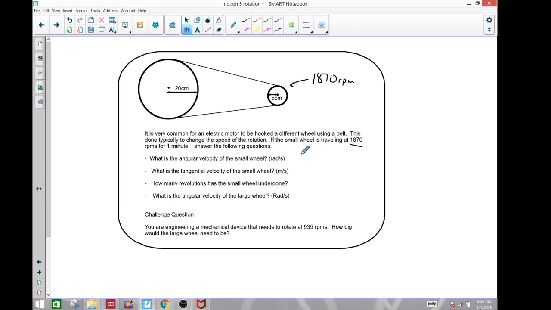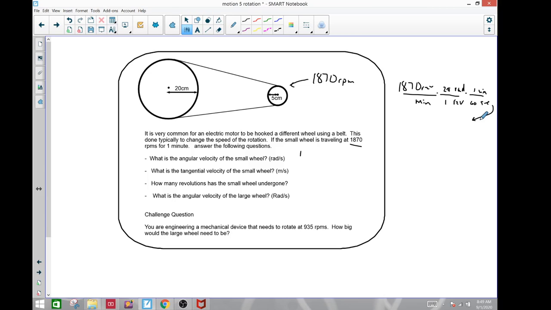Let's do 1870 revolutions per minute, and let's flip that to get rid of the revs and go to radians, and get rid of the minutes and go to seconds. 2 pi radians is 1 revolution. 1 minute is 60 seconds. That's going to give us my revolutions in angles per second.